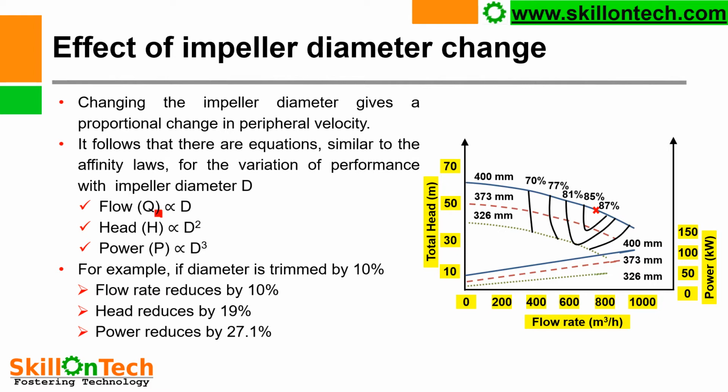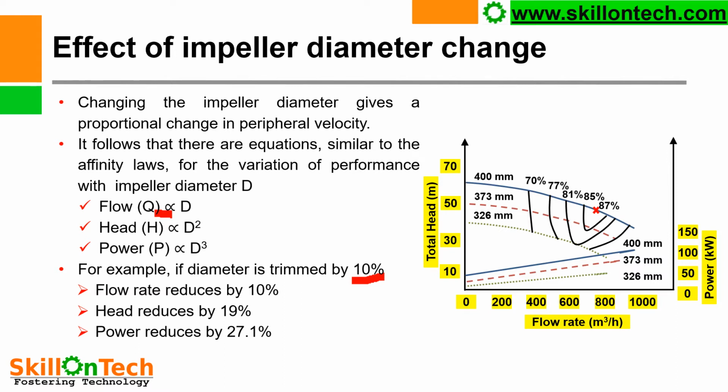Flow Q is proportional to D, head H is proportional to D square, power P is proportional to D cube. For example, if diameter is trimmed by 10%, flow rate reduces by 10%, head reduces by 19%, power reduces by 27.1%.